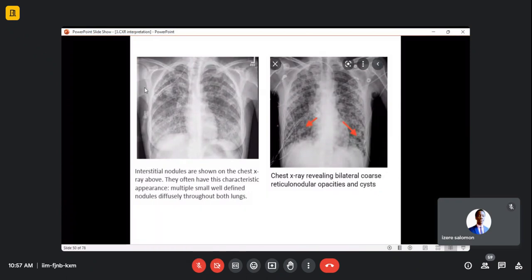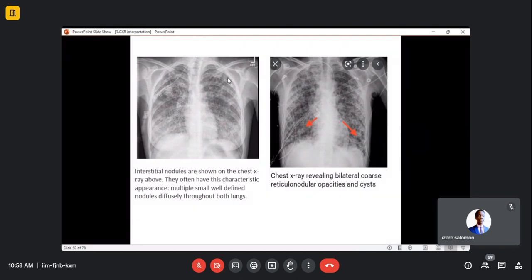But in general, if I want to talk in one word about this type of opacities here, you say just micronodular opacification of the lungs. Even though there are some small areas where you have reticular opacities, the prominent finding is micronodular opacification of the lungs.